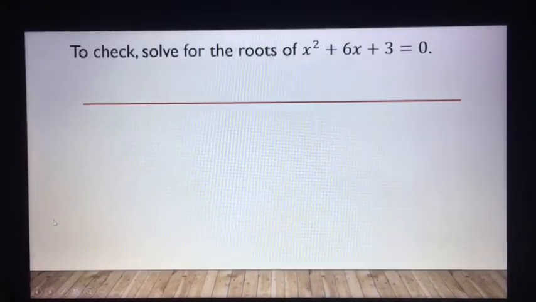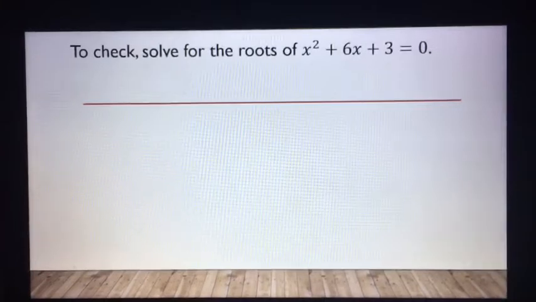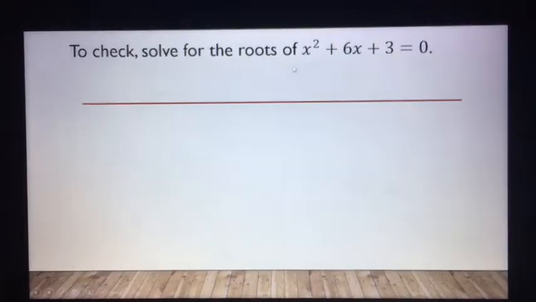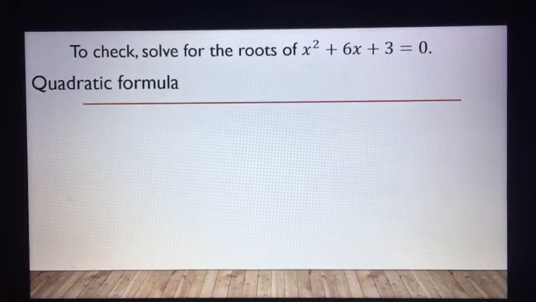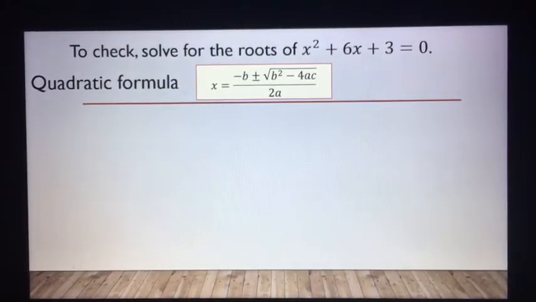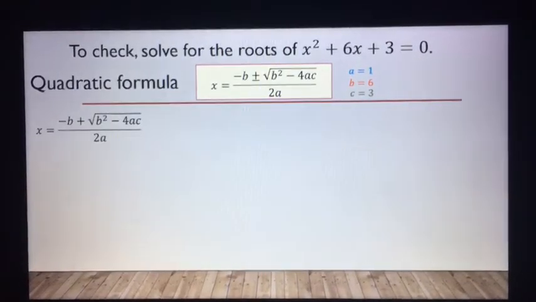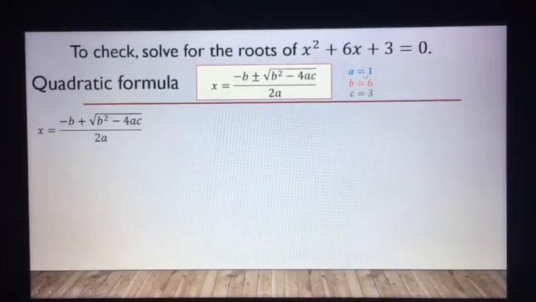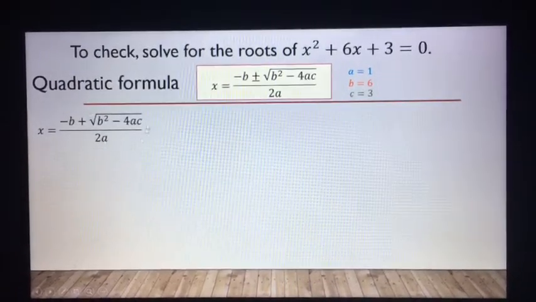So, check natin. To check, solve for the roots of x squared plus 6x plus 3 equals 0. Let us use the quadratic formula. So, let us find the value of a, b, and c, which is 1, 6, and 3 respectively. Substitute the values of a, b, and c in our quadratic formula.